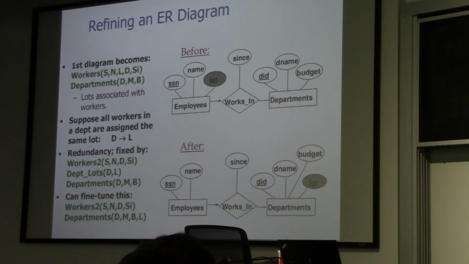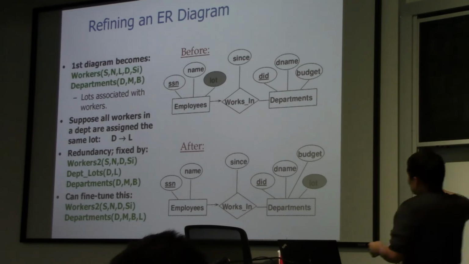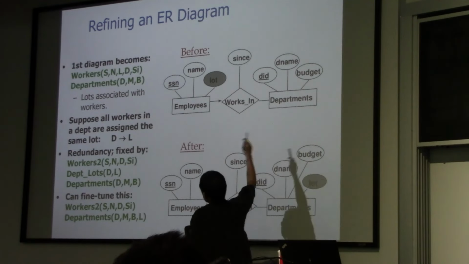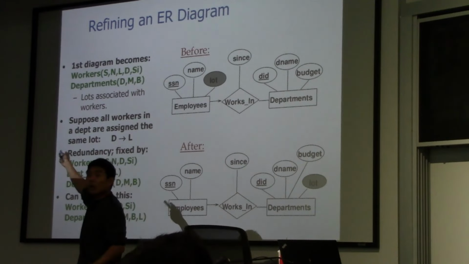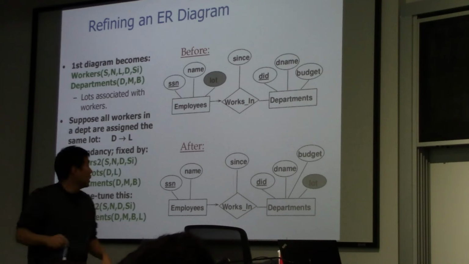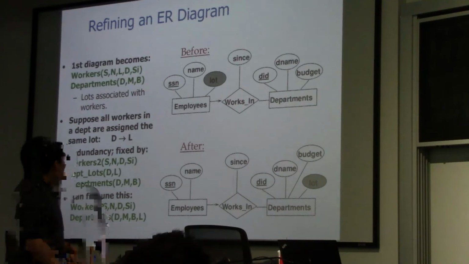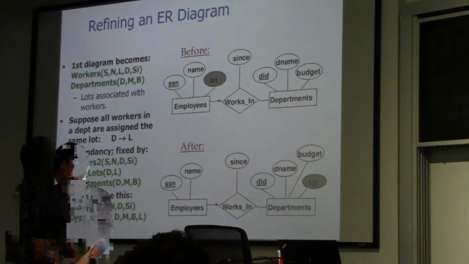I need to add one more attribute to the employee entity, which means the employee table, because every entity becomes a table. So for the first diagram, the corresponding table becomes this. We also have a one-to-many mapping between department and employee, meaning one department has multiple employees working in that department, but each employee works in only one department.